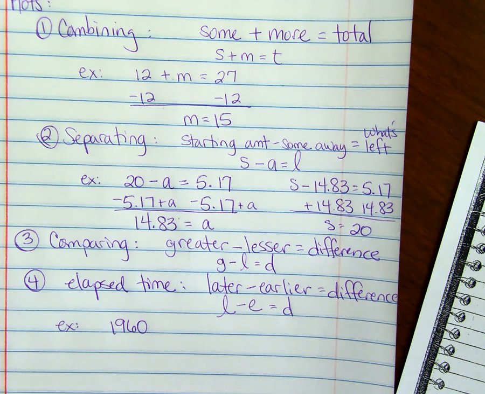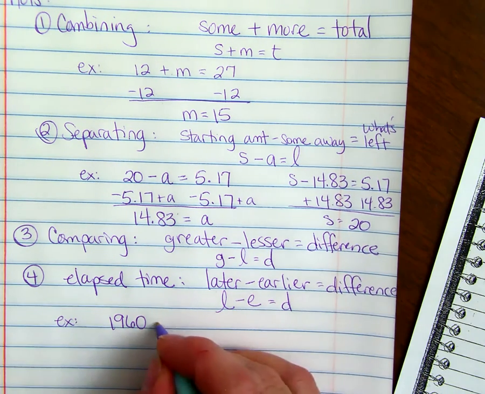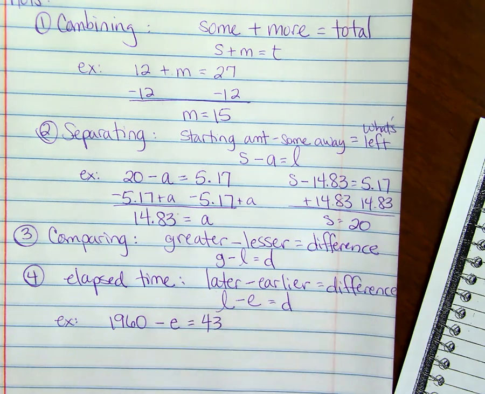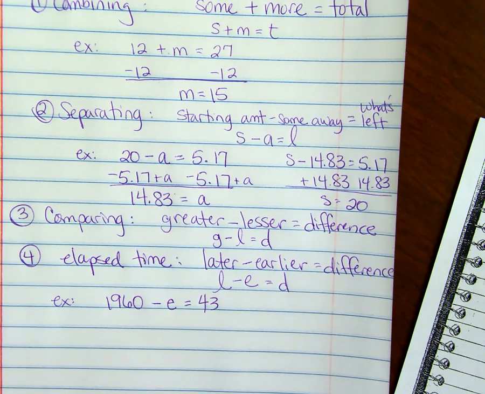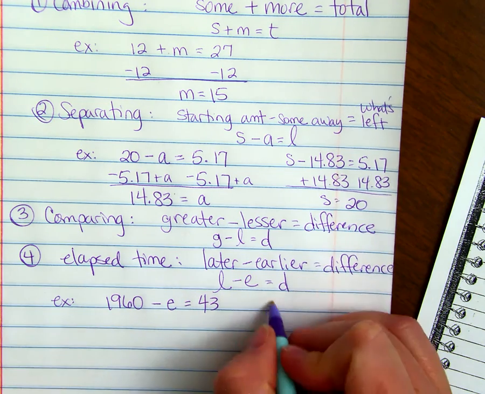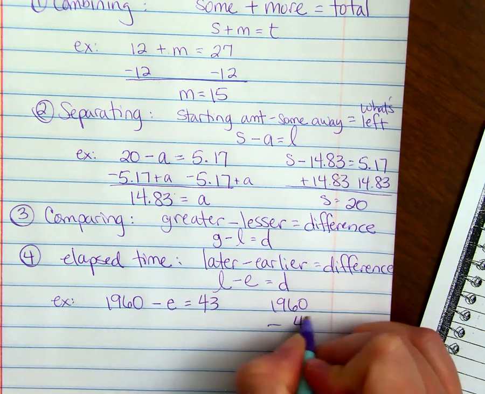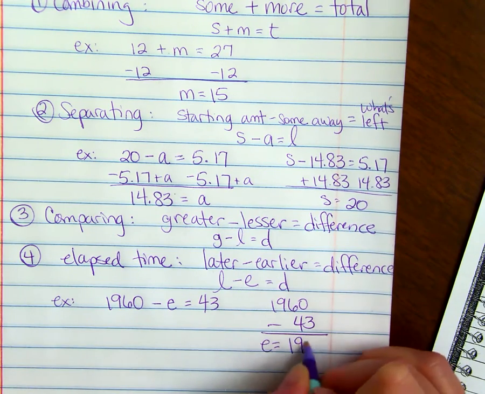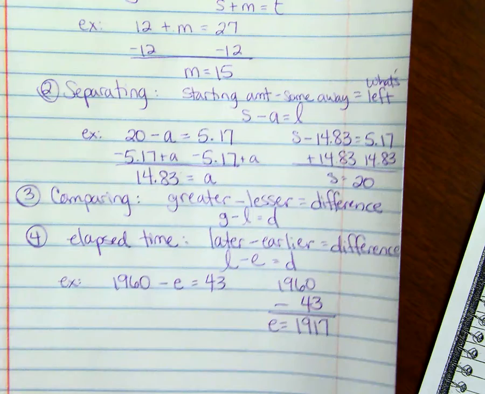How old was he when he was born? So you take the later time minus the earlier time. We don't know the date he was born, but we know he was 43 when he died. In this case, we would subtract 43 from 1960 and find out that this particular person was born in 1917.